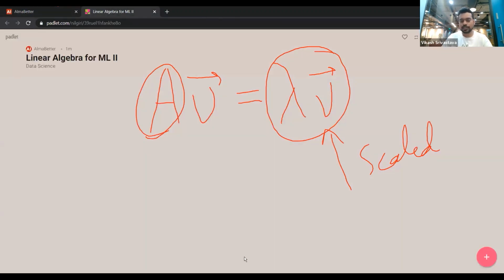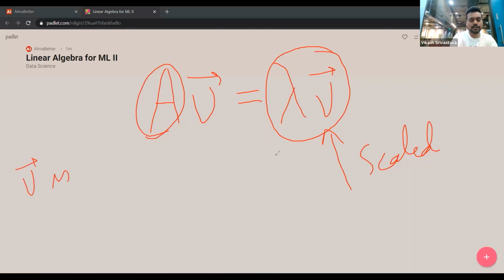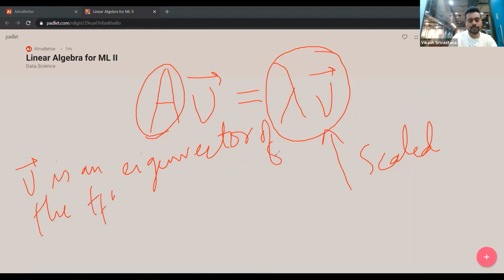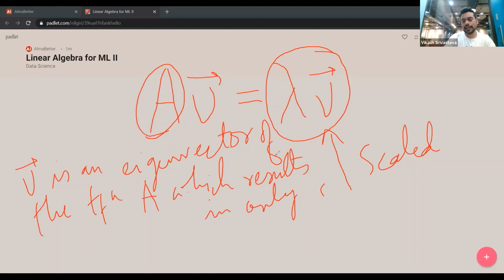So what we'll say is that this vector V is an eigenvector of the transformation A, which results in only scaling of that vector.